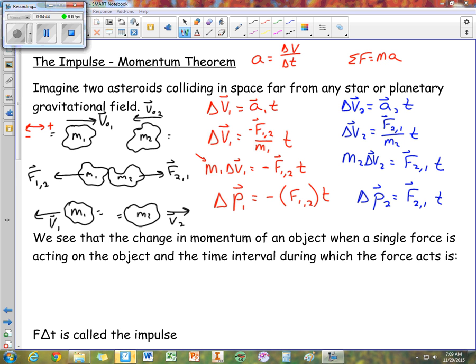So I need to put my vector signs above my force vectors. There we go. So there we have it. We see that change in momentum for an object equals some force multiplied by time.